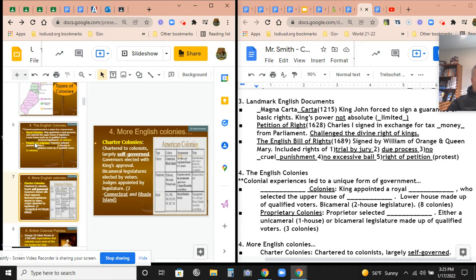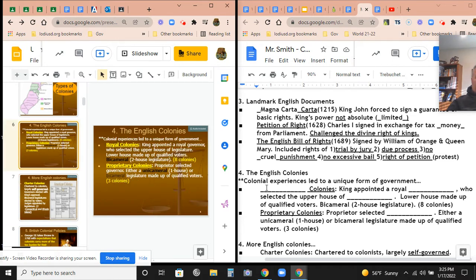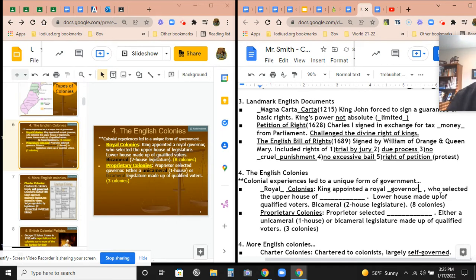Let's go ahead and go back and write all that in. So we got royal colonies, where the king appoints the leader, who selects the upper house. So the king and then that leader, the royal governor, has most of the power with all that. As you might guess, this kind of rankled some of the colonists. They didn't have much voice.